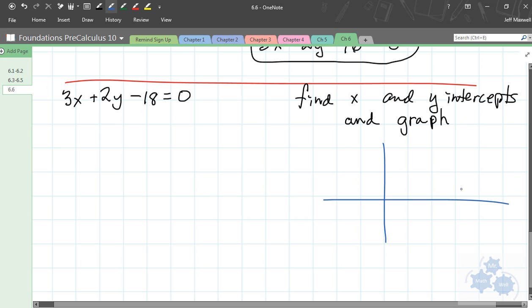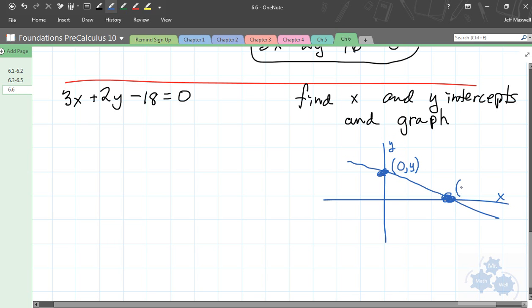What we know about x and y intercepts is that they are coordinates: the point on the x-axis is the x-intercept, and the point on the y-axis is the y-intercept. These would be where the line travels through the axis. The coordinates for all y-intercepts would be 0, y.